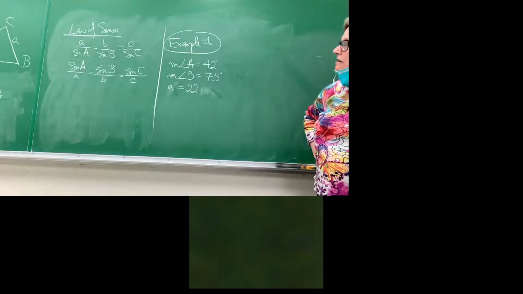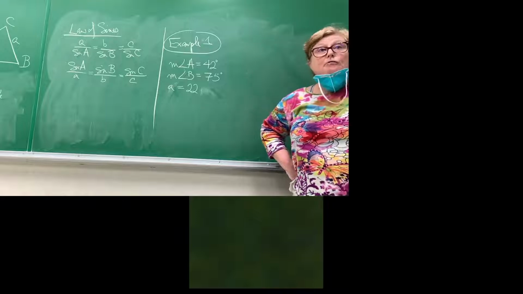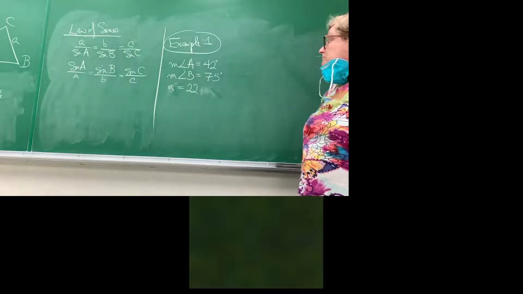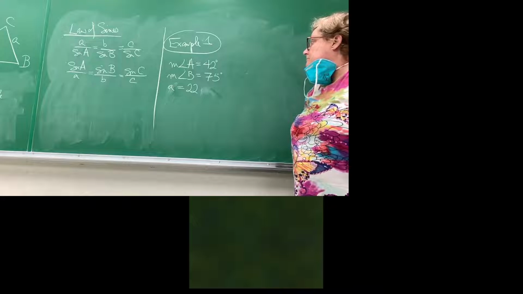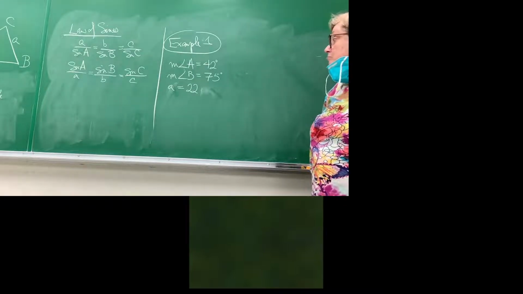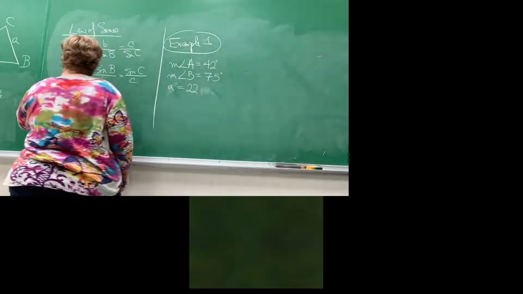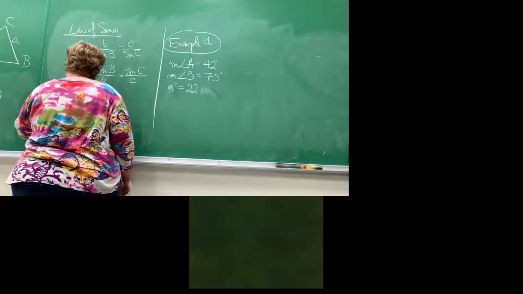How can we use the law of sines to find what's missing? And what can we find? We can use 22 over sine of 42 degrees is equal to, so yes, a over sine A equal to b over sine B. Great.